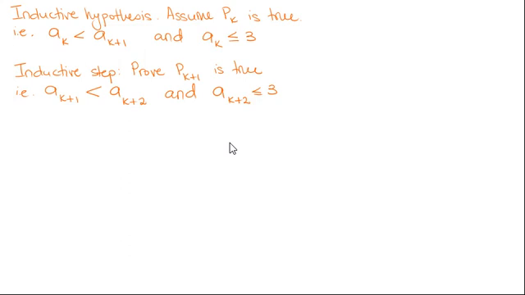I find it's easier to start with the assumption and then build on it using the definition of the sequence until we get to here. I'm not going to be taking one side of this and working it. I'm going to be starting from my assumption and then manipulating it based on the definition until I arrive at this. I find that way to be easier.